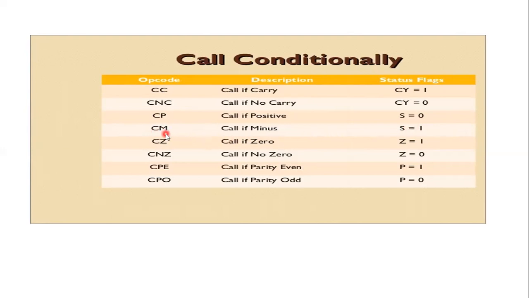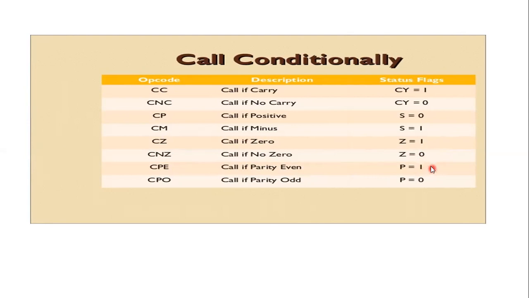Then we use CM. Then CZ, call if zero, that is the zero flag is set to 1, then we use CZ. Then CNZ, call if no zero, that is the flag Z is 0, then we use CNZ. Then CPE, call if parity even.